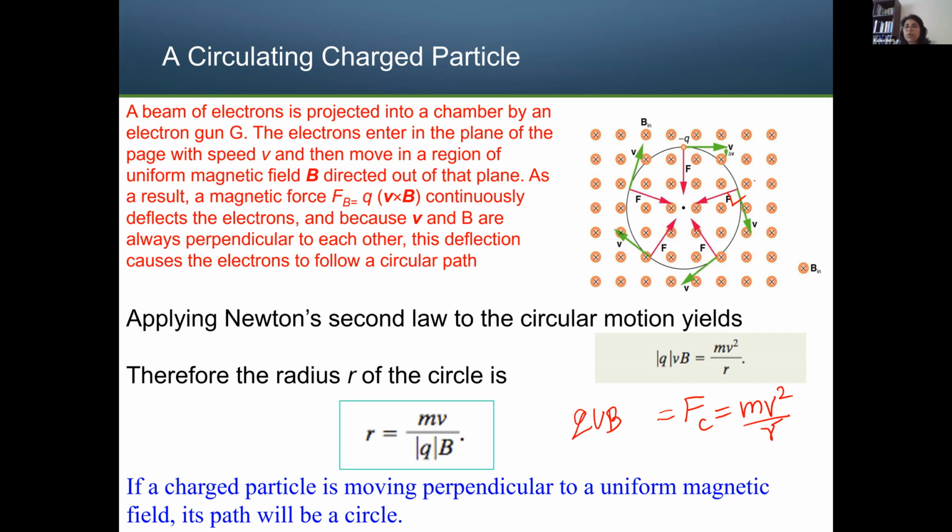Now you can decide, according to the mass and the charge of the particle, your velocity of the particle will define the path that the particle will travel, basically the radius, right? So that's how the charged particle will move inside the magnetic field.